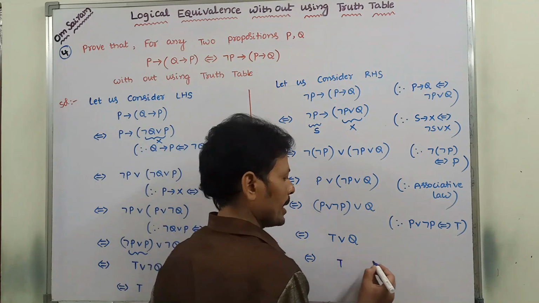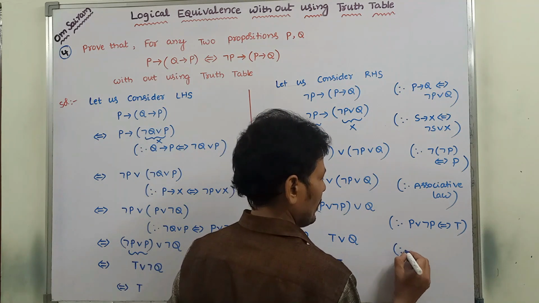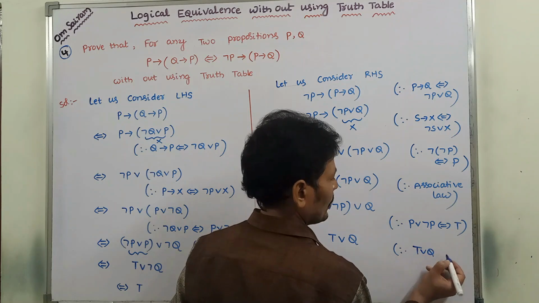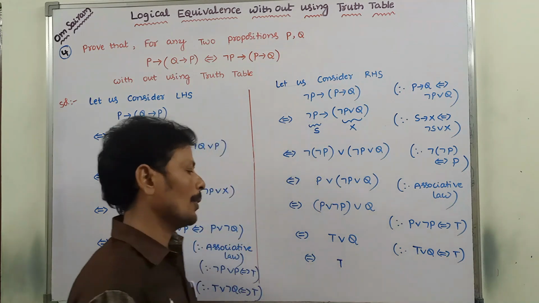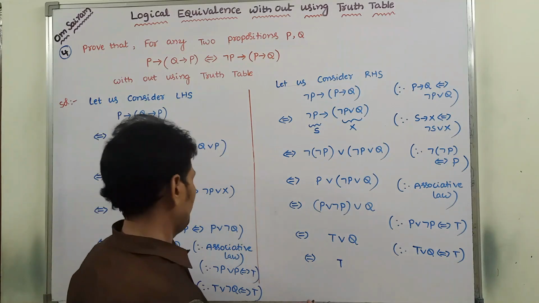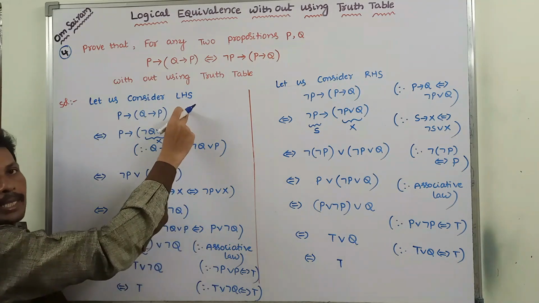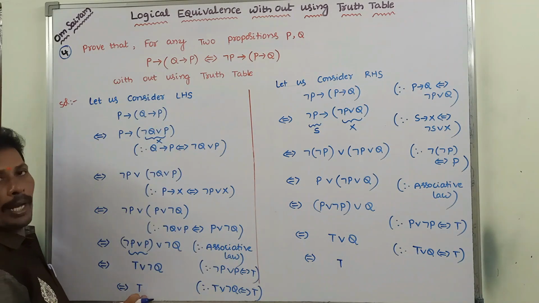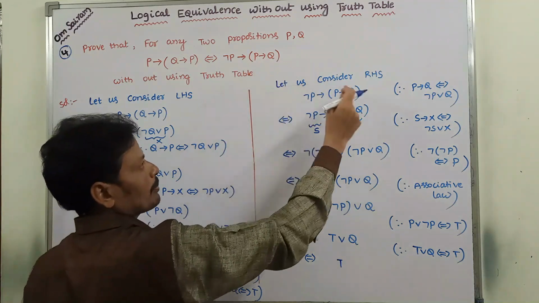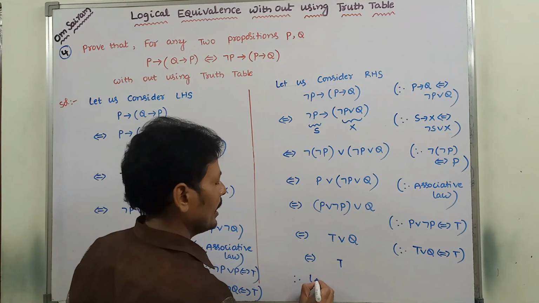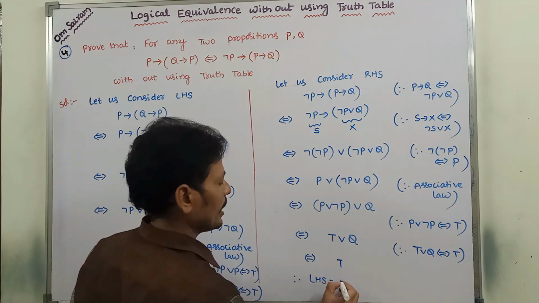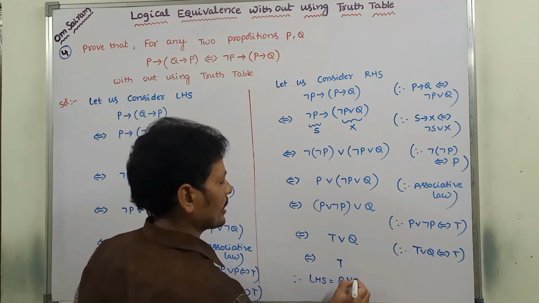So that we can say that true or Q is logically equivalent to true. Okay, so taking the LHS part, we are getting true value. Taking the RHS part, we are getting true value. Hence, we can say that LHS is equal to RHS.